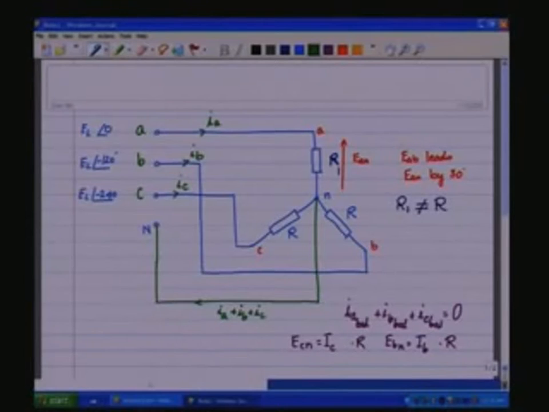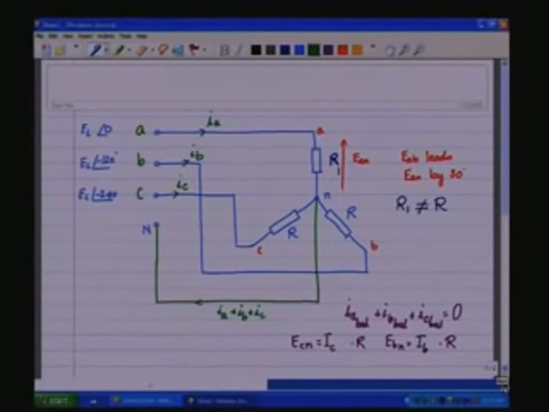So, then each phase becomes independent. You have the IA currents, then you have the IB currents and the IC currents, and the currents through the phases will not get unbalanced as in the case of a 3-wire system.